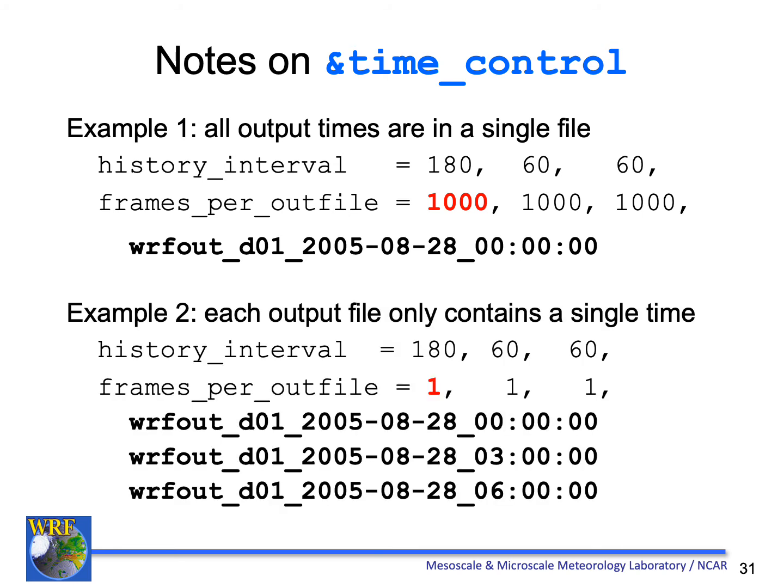In the second example, we set the value for frames per out file to 1, and this will result in multiple WRF files. Each now will contain only a single model output time. Depending on what is convenient to you, you can choose how many time periods you would like to write in a WRF file.